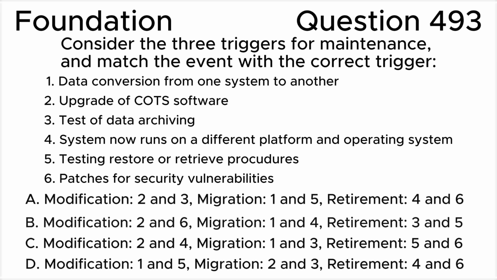Retirement are 3 and 5. C. Modification are 2 and 4. Migration are 1 and 3. Retirement are 5 and 6. D. Modification are 1 and 5. Migration are 2 and 3. Retirement are 4 and 6.